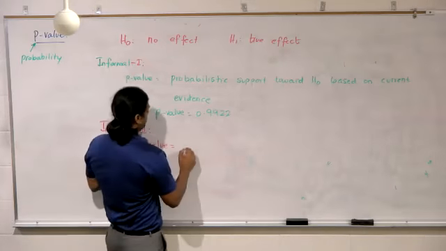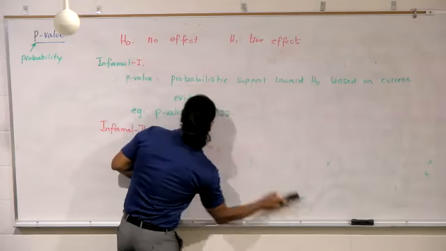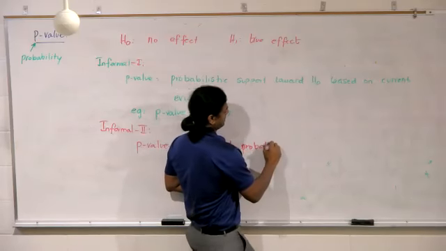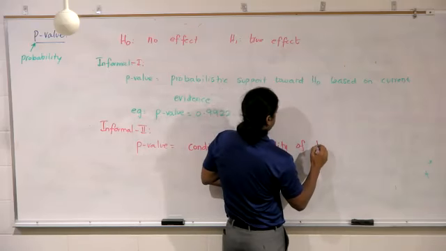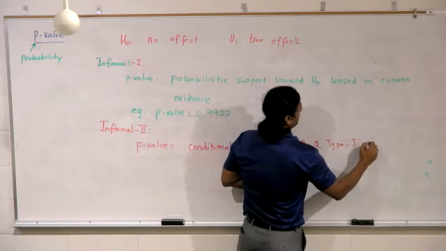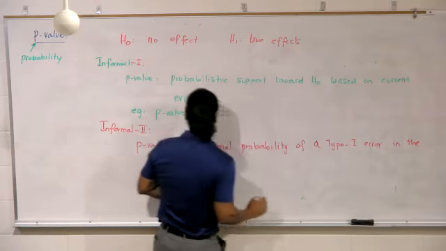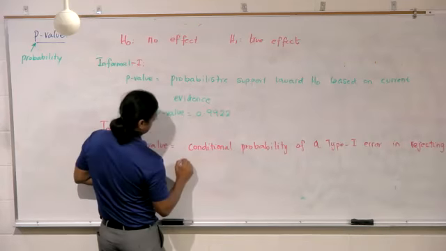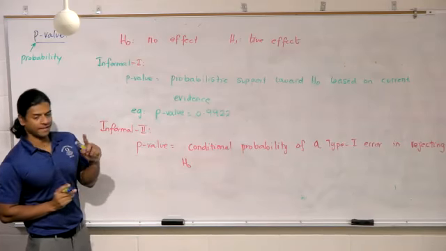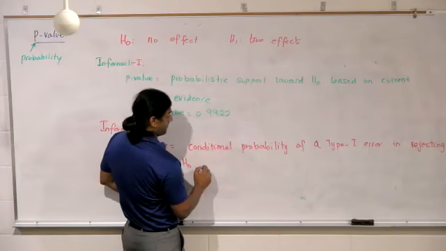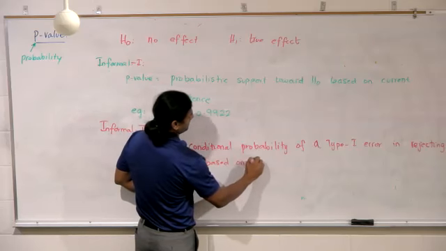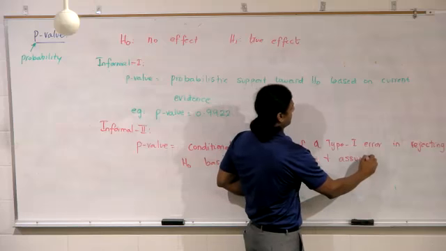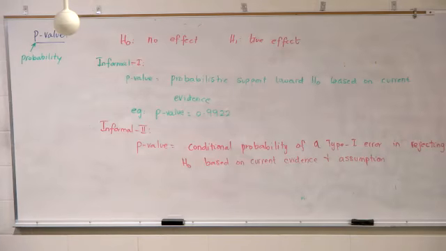So what is p-value? It is the conditional probability of a type 1 error in rejecting the null, based on current evidence and assumption.